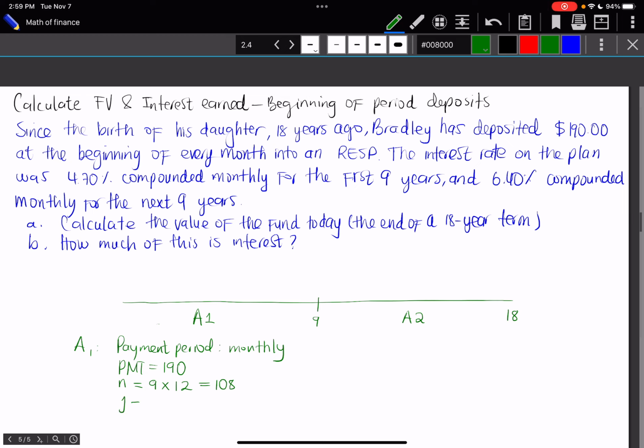Here the nominal interest rate is 4.70%, or 0.047. And the compounding frequency is 12 because interest is compounded monthly.